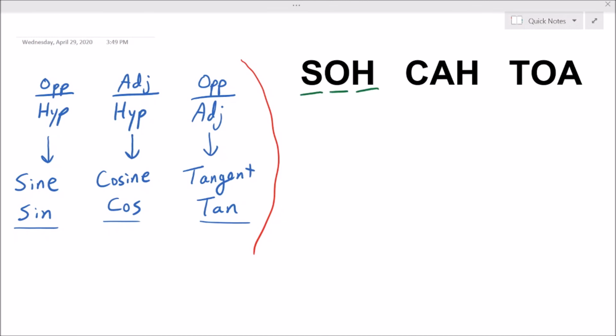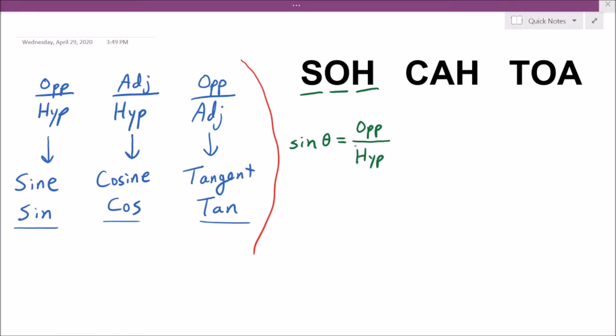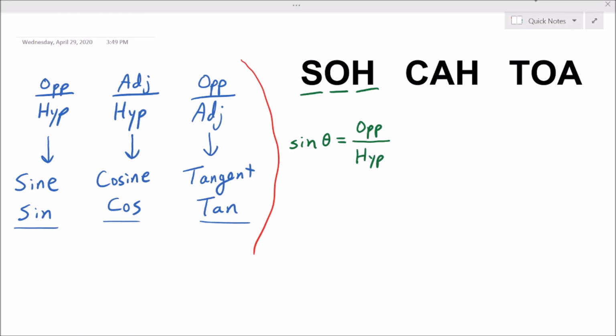S stands for sine, and the sine of an angle theta equals, and then O stands for opposite, so opposite divided by H for hypotenuse. So sine is opposite over hypotenuse.